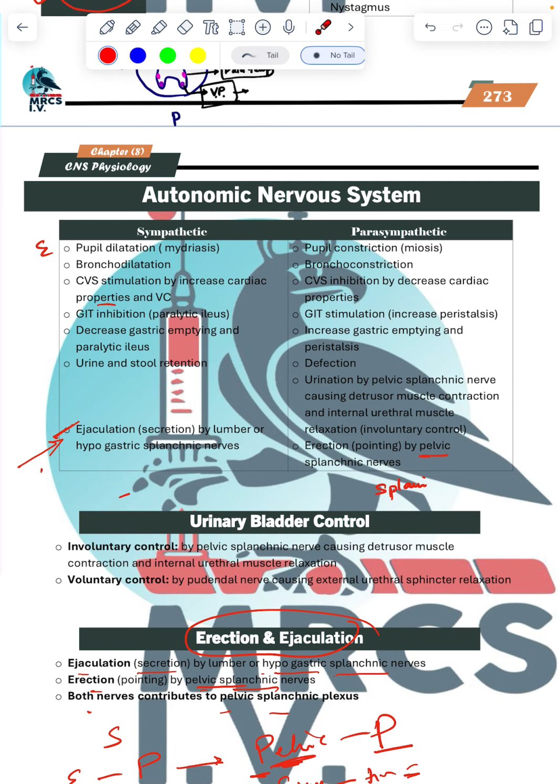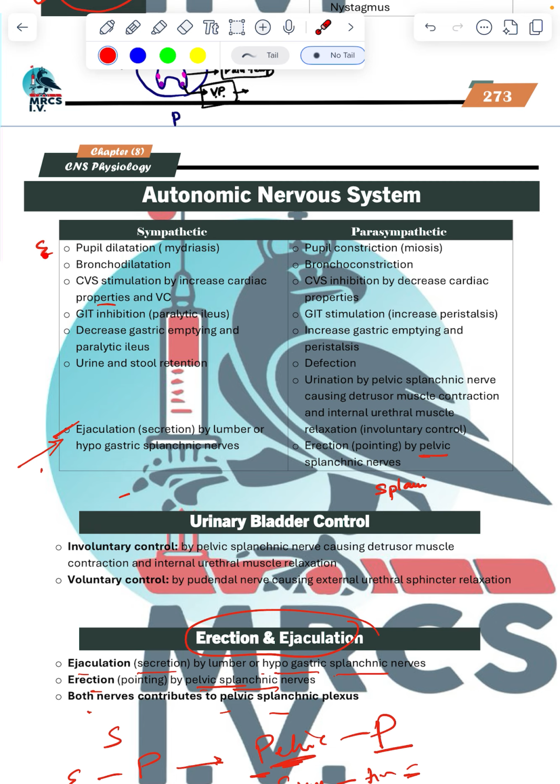Whenever there is sympathetic stimulation, there is bronchodilation, pupillary dilatation, increased cardiac activity, vasoconstriction, and GIT inhibition. Parasympathetic causes release, while sympathetic causes GIT retention, decreased gastric emptying, and urine and stool retention.